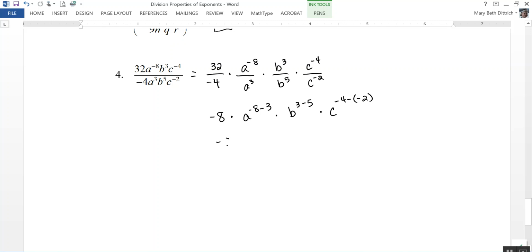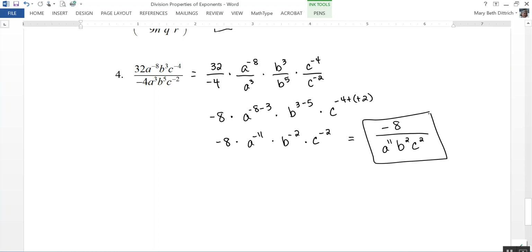So that's going to give me negative 8 times a to the negative 11th times b to the negative 2 times c to the negative 2. So my negative 8 is fine, but each of these is a negative exponent, so I can make that exponent positive if I move the whole power into the denominator. So I'm going to have a negative 8 on top, a to the 11th, b squared, c squared.